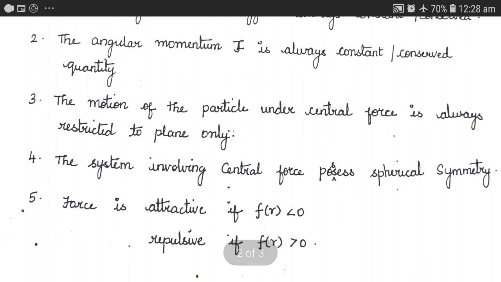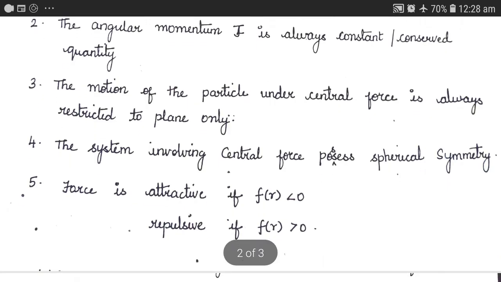The motion of a particle or an object under the central force is always restricted to a plane only, which means it will not involve the third dimension. Hence, the system possesses spherical symmetry.